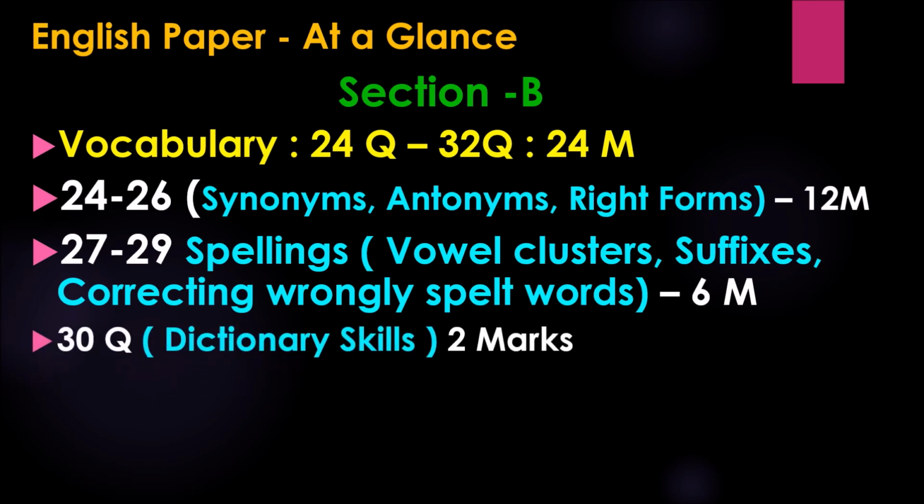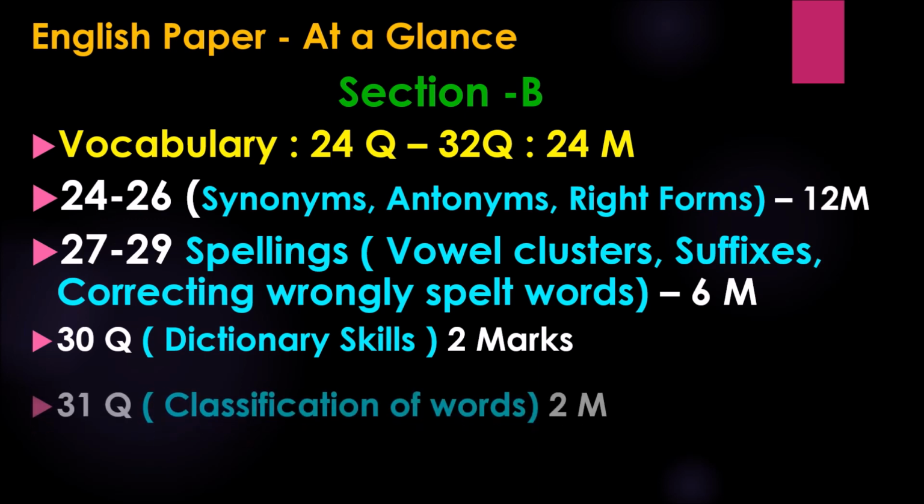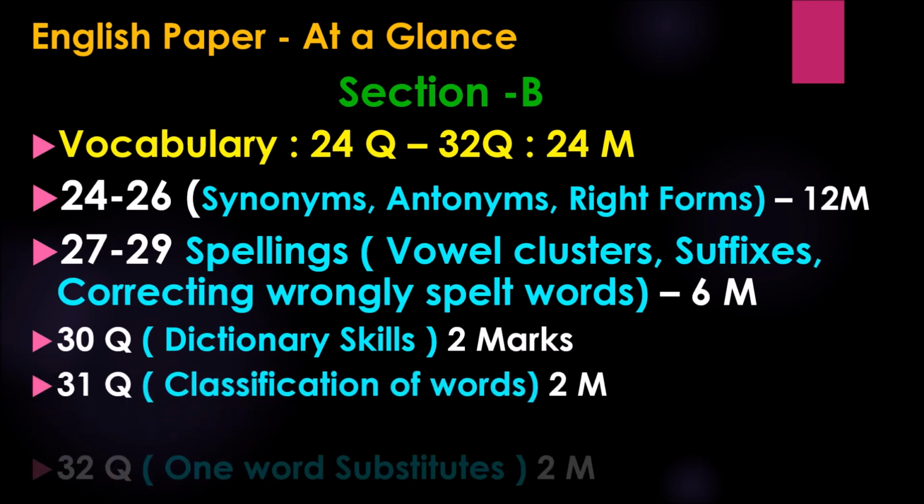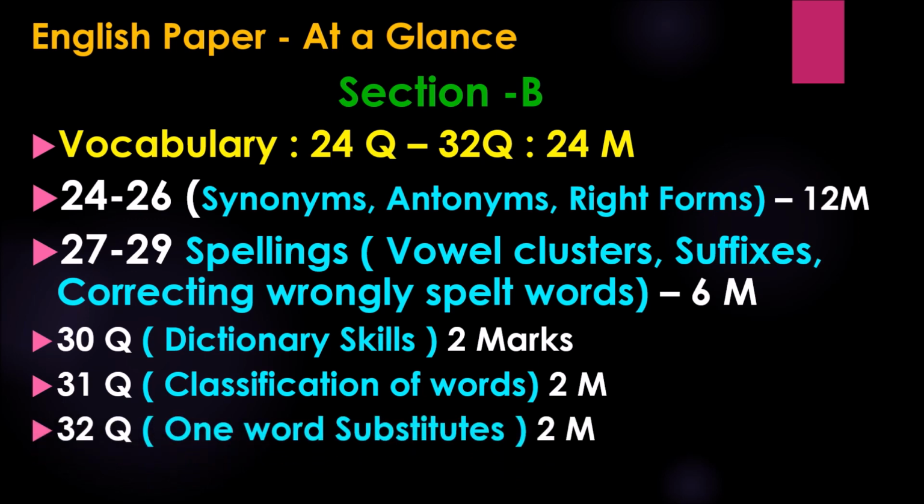And in question number 30, it's all about dictionary skills. 31, it's regarding classification of words. And 32, it's about one word substitutes. This is how we have to practice and learn the vocabulary.